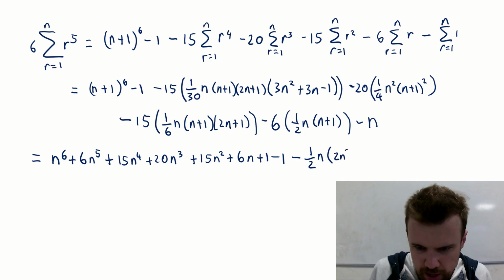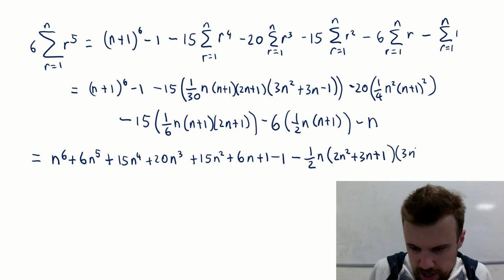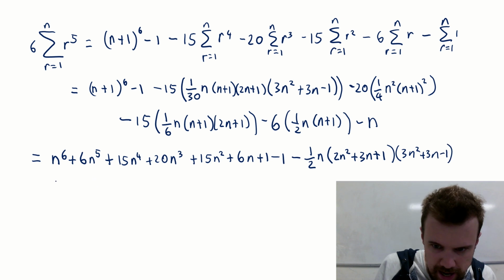So that's a 2n squared. Basically, those first two brackets multiplied together. And then the 3n squared plus 3n minus 1. We'll have the minus 20 over 4, which is just minus 5n squared. And then we'll have the n squared plus 2n plus 1.